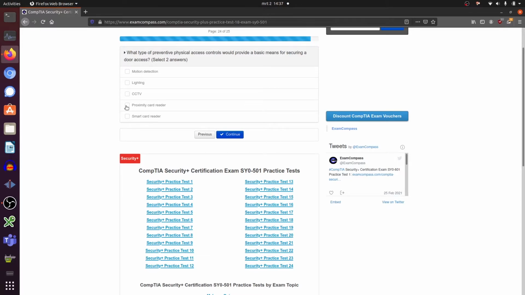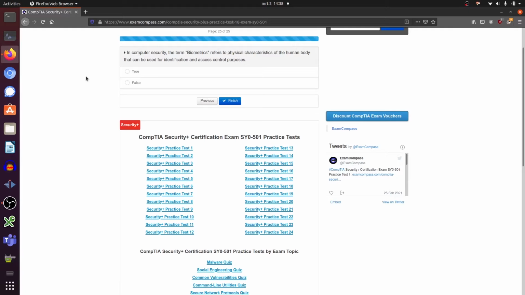Could be a proximity card reader and a smart card reader. CCTV is a camera system, lighting is something else, and motion detection, if you don't have any door access controls, a motion detector in a store, for instance, makes the door open automatically, but that's not very secure because it's basically public. With a smart card reader or proximity card reader, you can authenticate and authorize yourself to go through the door.